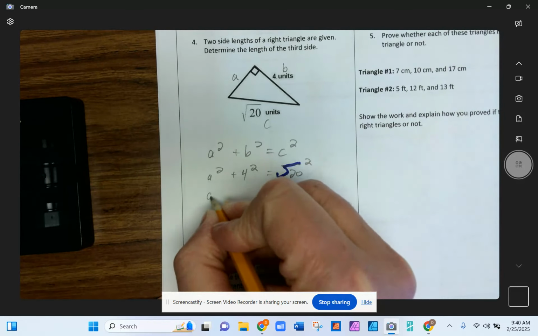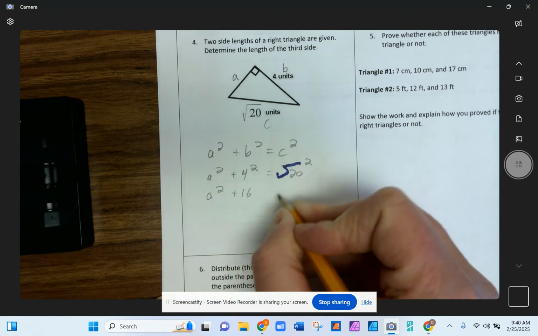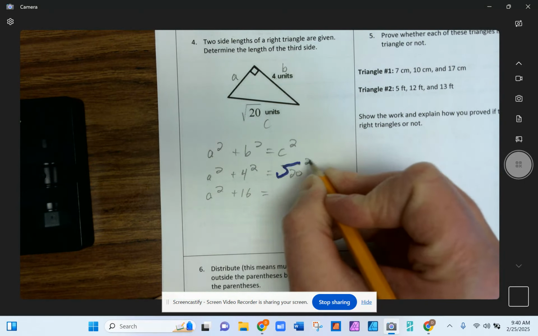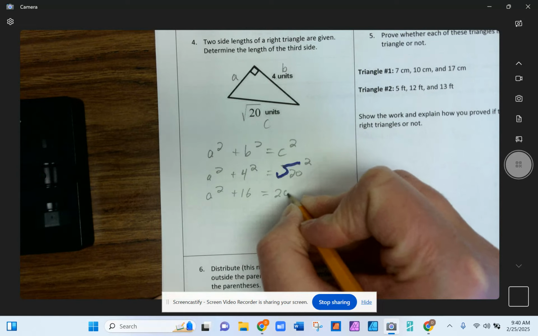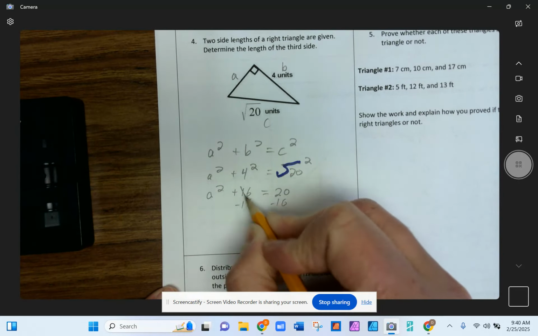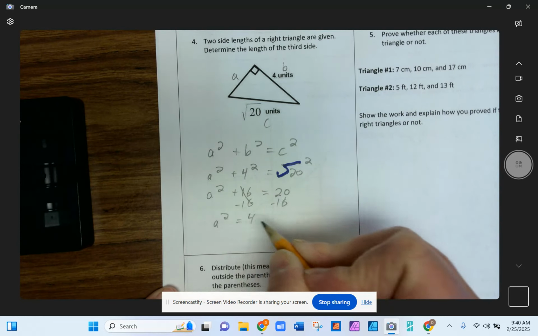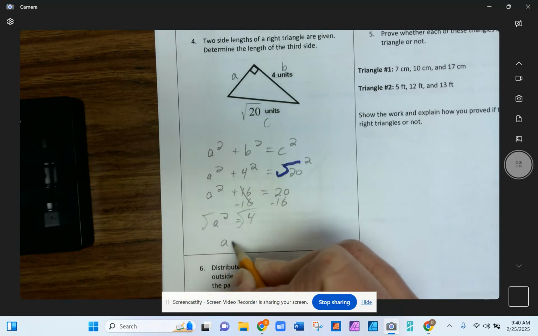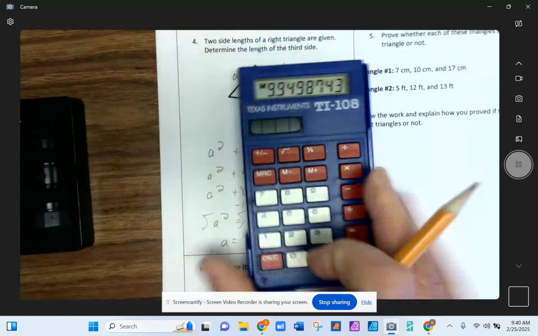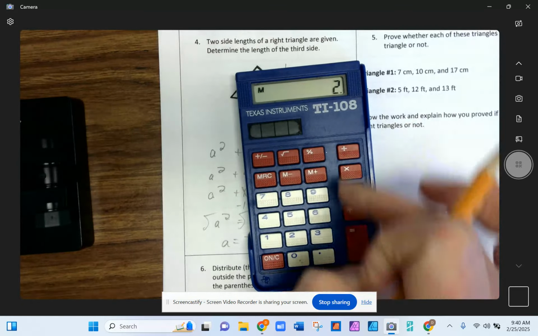However, when we go to our next step here, 4 squared is, again, 4 times 4, not 4 times 2. What happens with this square root and this square is they cancel each other out to just leave 20. So then we subtract 16, and we get A squared equals 4, which we square root, and we get A is 2. Just so we know how to do that, the square root of 4 is 2.